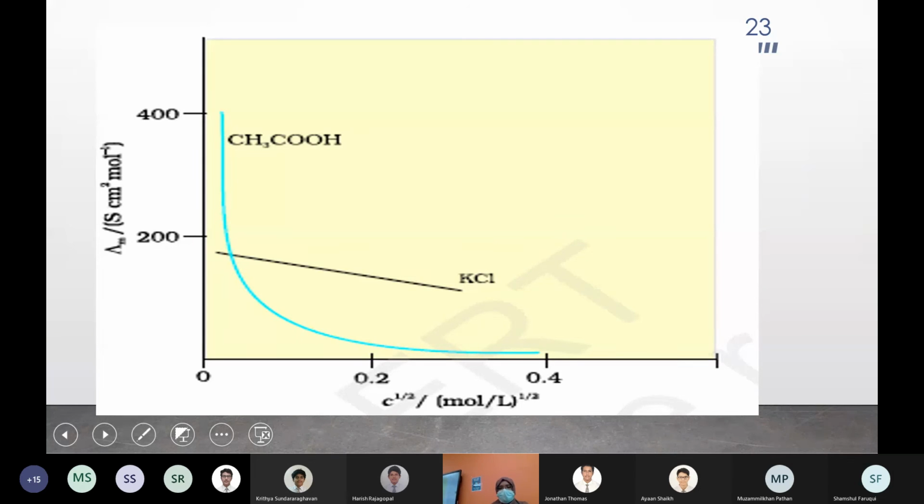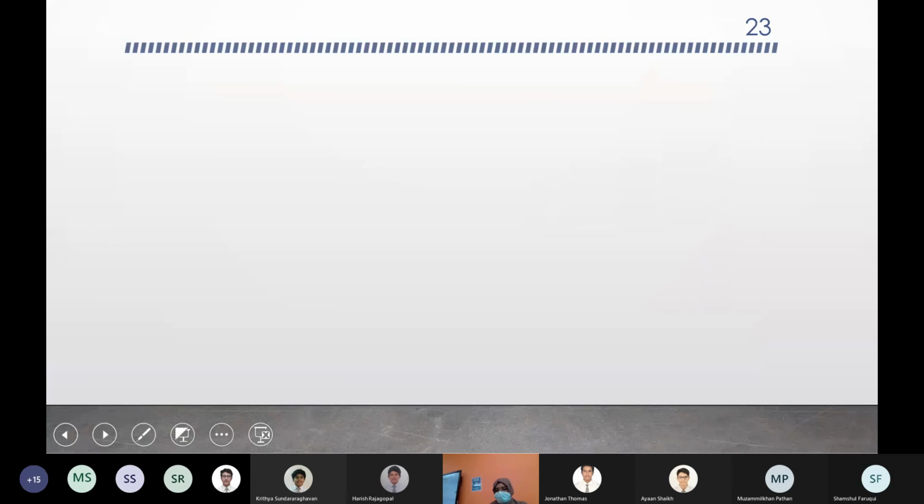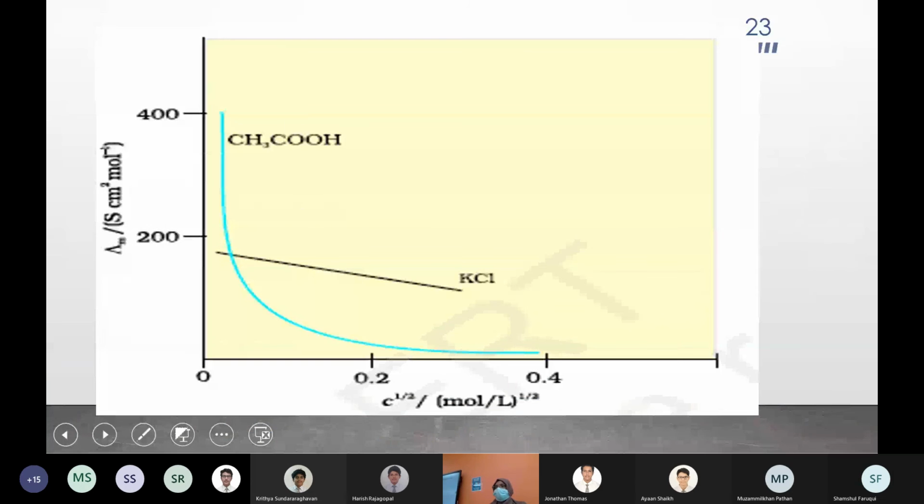The reason is that for a strong electrolyte, it is already ionized even when you are preparing a solution. So conductivity just increases on dilution because of the increase in volume only. But for a weak electrolyte, there is an increase in volume, and other than that, the number of molecules undergoing ionization also increases.